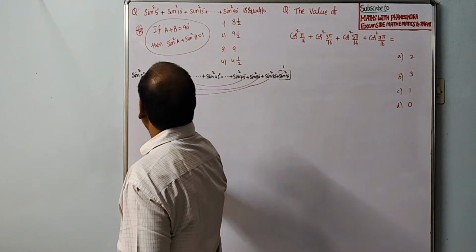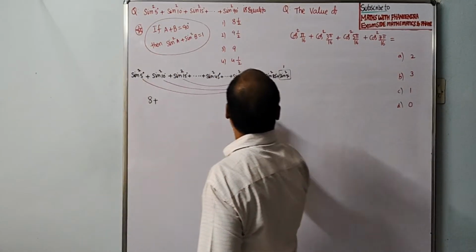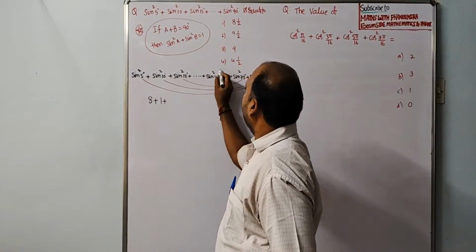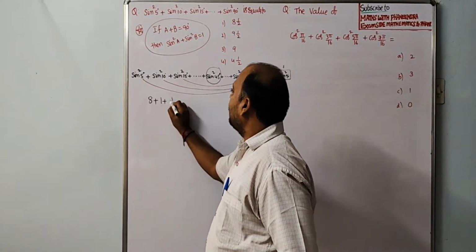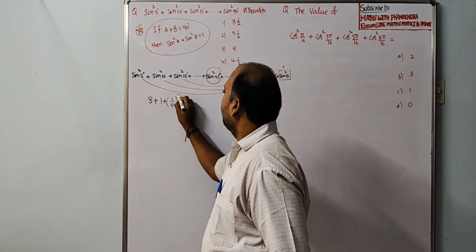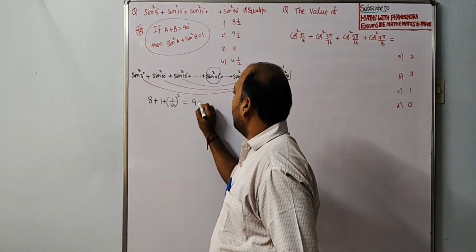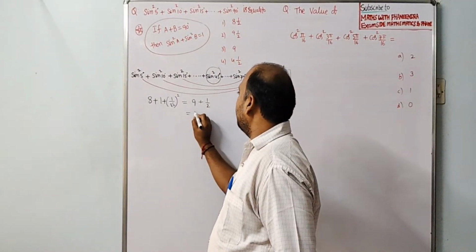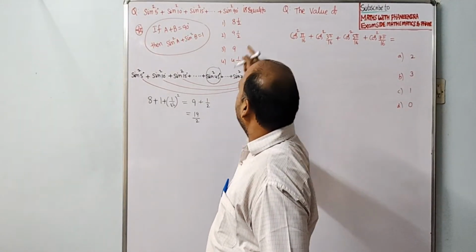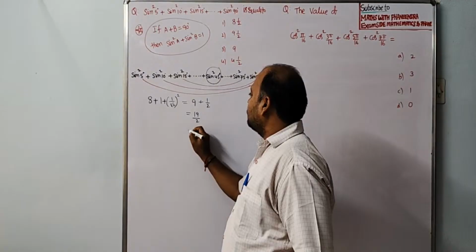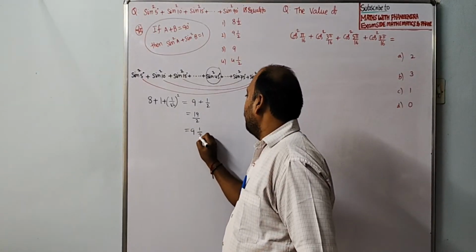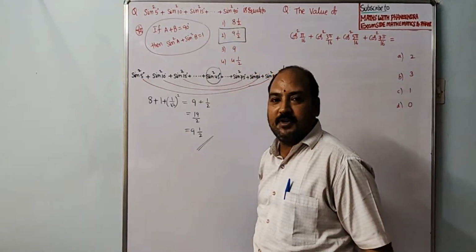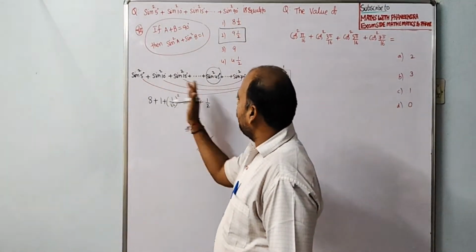Plus 1 here, plus sin square 45, which is 1 by root 2 whole square only, no? So it is 8 plus 1 is 9, plus 1 by 2. That is 19 by 2, which can be written as 9 and 1 by 2, a mixed fraction. It is there in the second option, dear students.